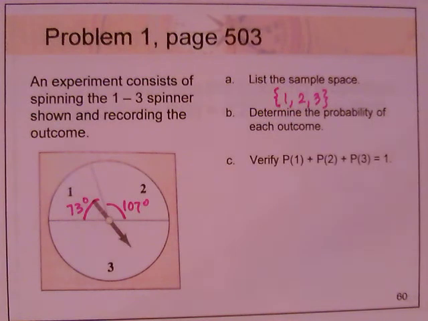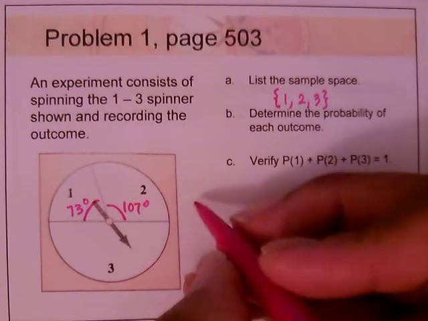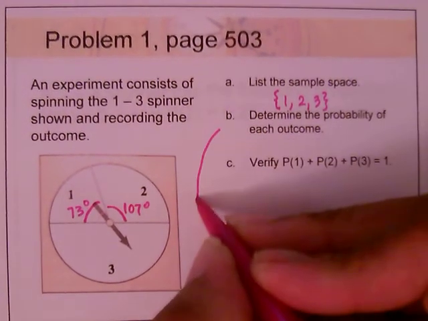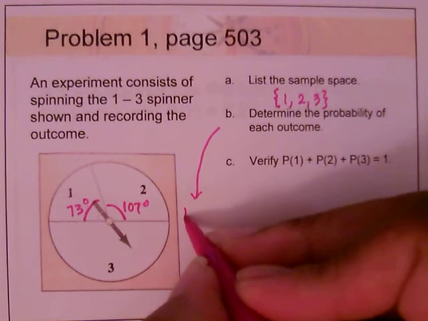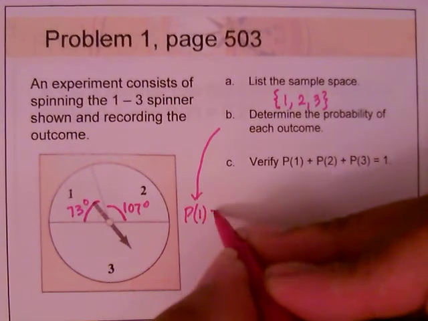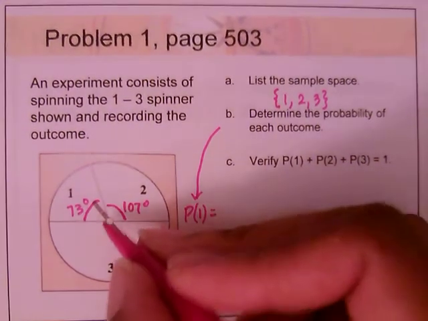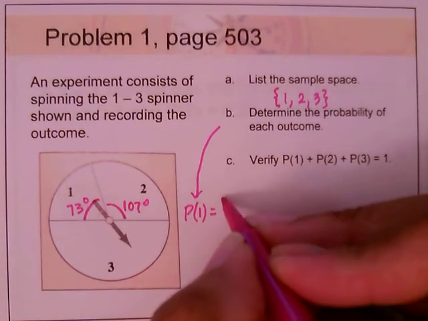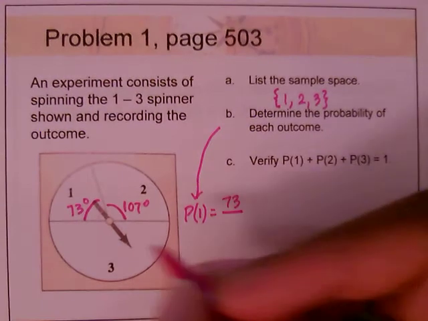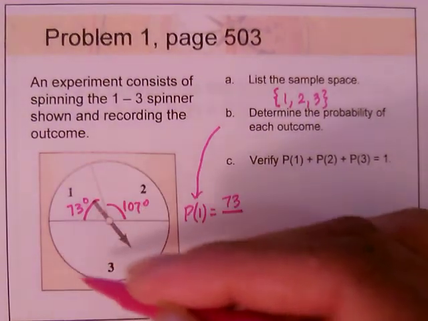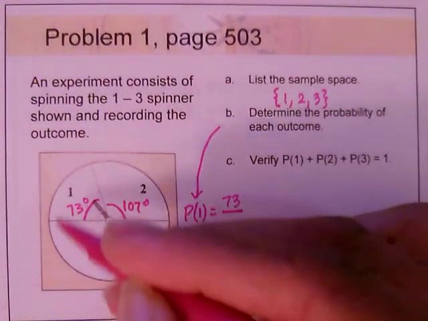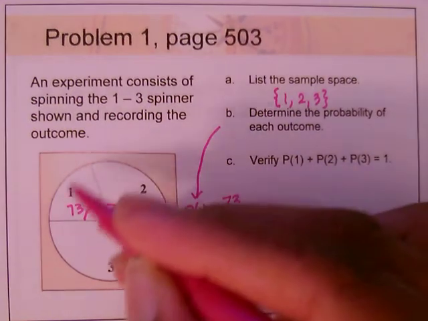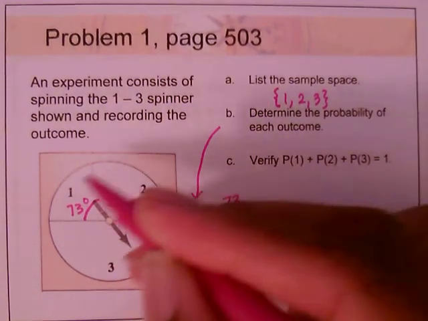Okay, so I'm going to need to write this down here. So this is going to be part B here, where you've got the probability of spinning a 1. We're going to use these degrees right here. This is 73 over, and I need to explain something right here. The number of degrees in a whole circle, that's always going to be 360.